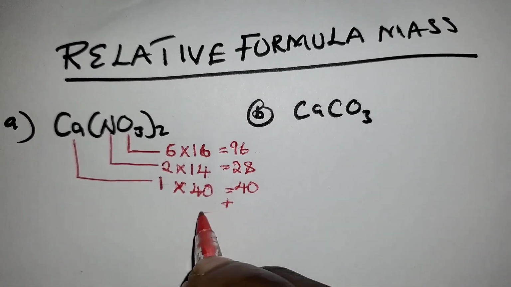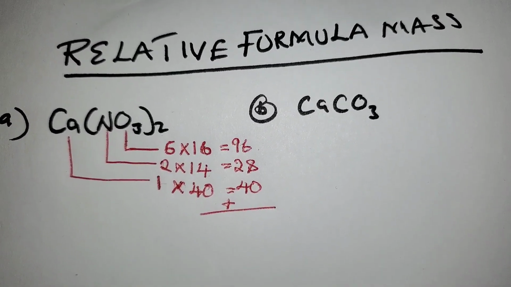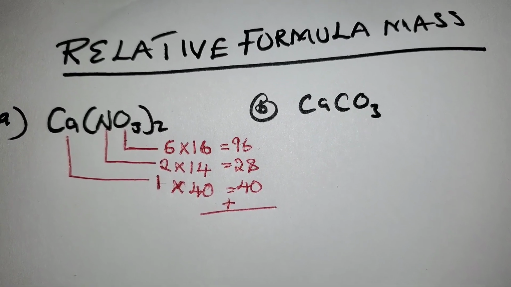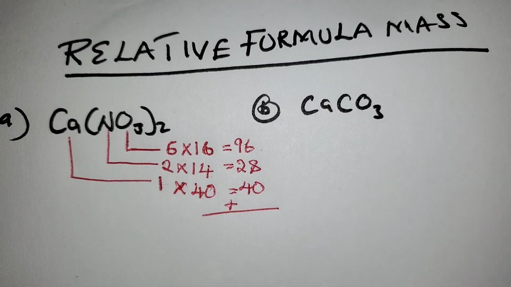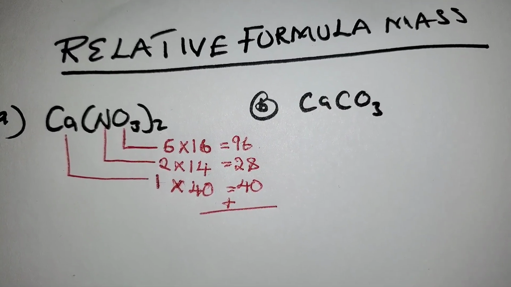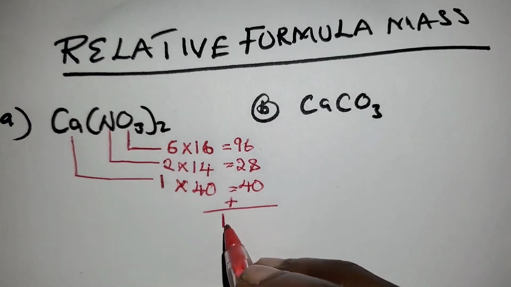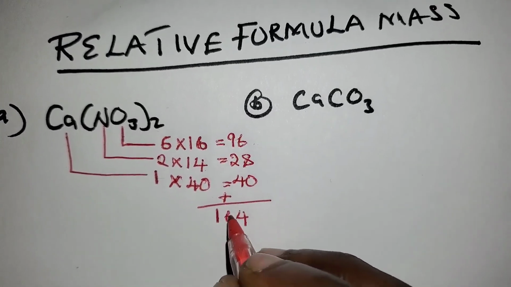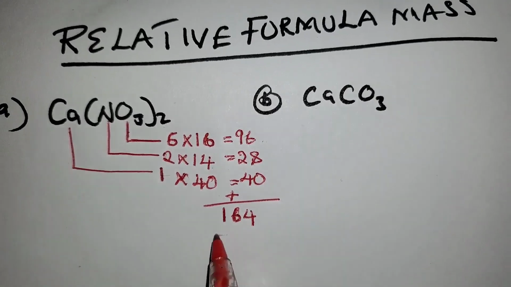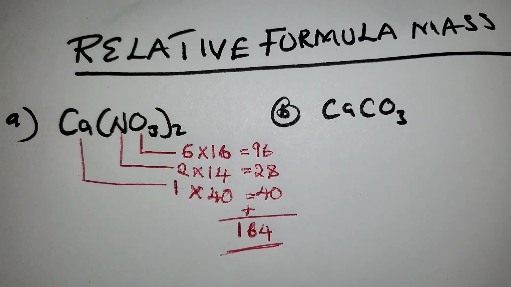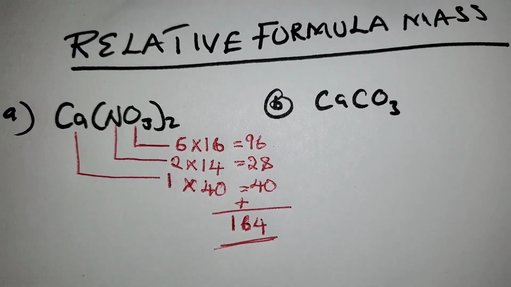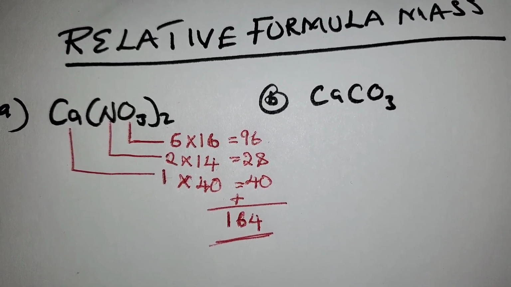So when we add these, 96 plus 28 plus 40, we're going to have 164. Okay, 164 is the answer here, with no units. So let's go to the next one.